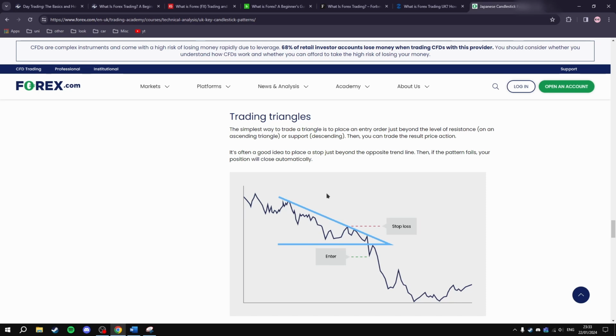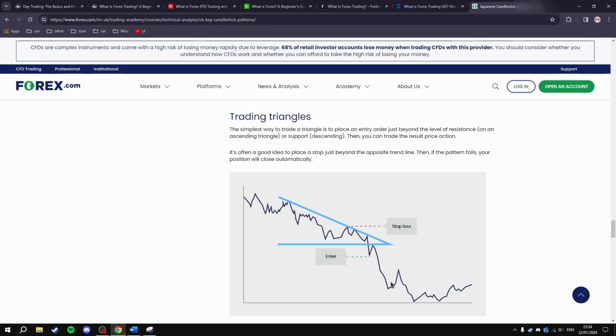So to trade, place an entry order just beyond the level of resistance. Then you can trade the resulting price action.